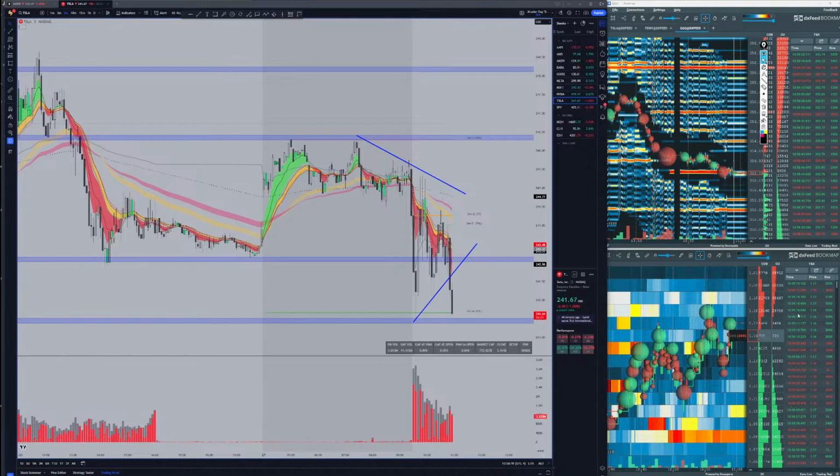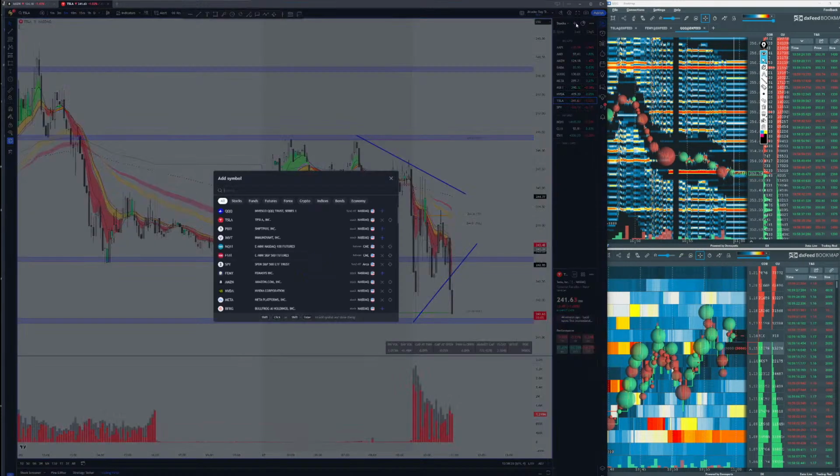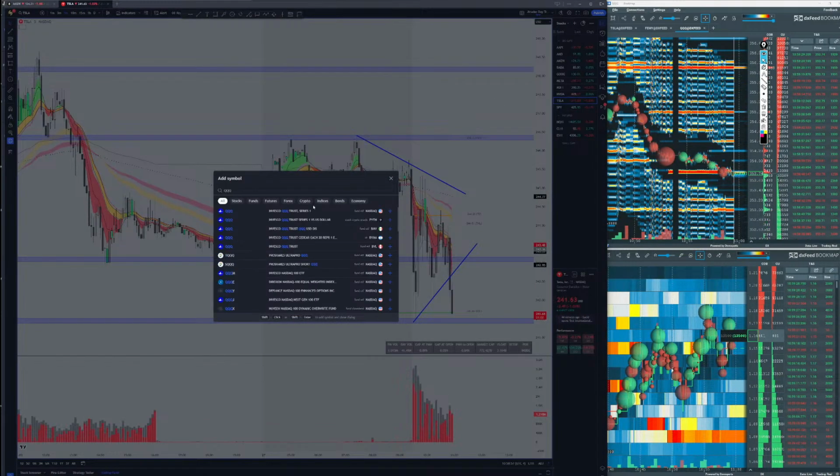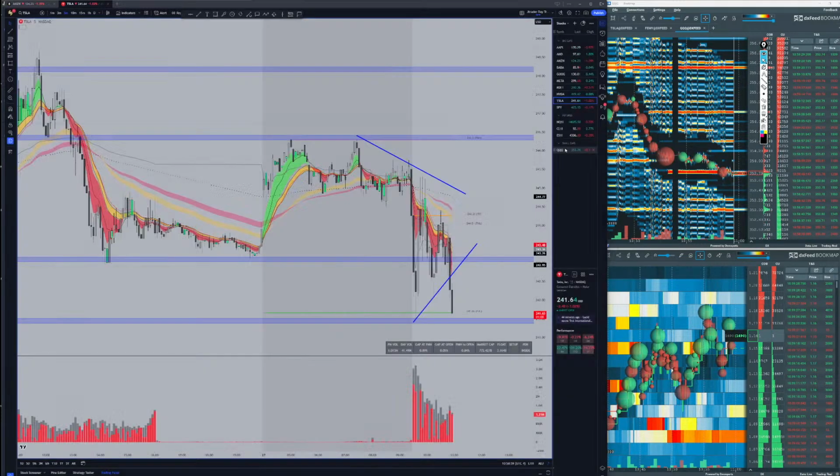Breakdown of the Qs. If you see over here the 350-380 support, I'm going to put this into stocks.